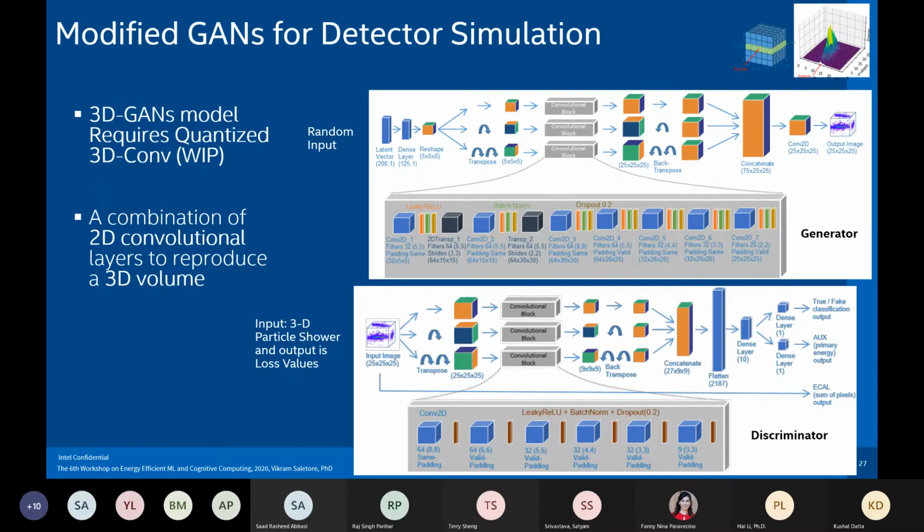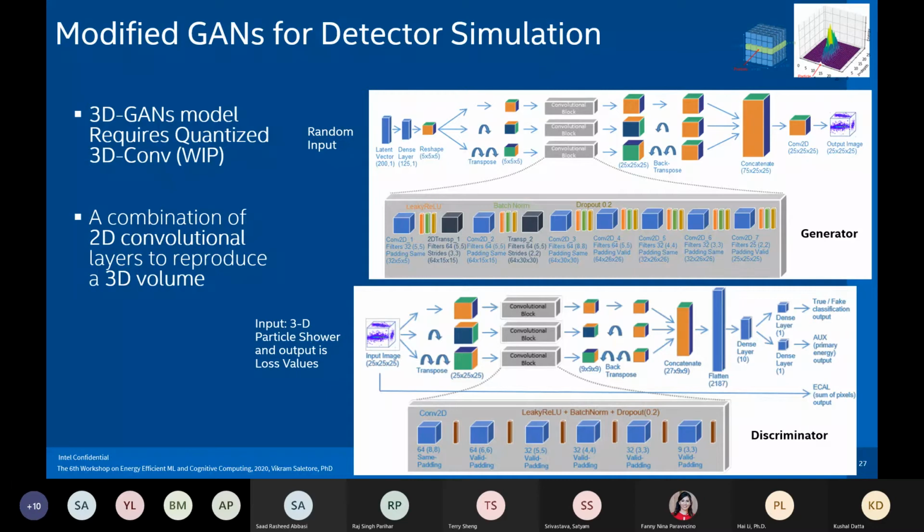The 3D GANs actually require a quantized 3D convolution. As you know, this is a work in progress for oneDNN from Intel. We didn't have it ready at that time, so we developed a new model, very similar to the other model, which takes two-dimensional convolution layers to reproduce a 3D volume.